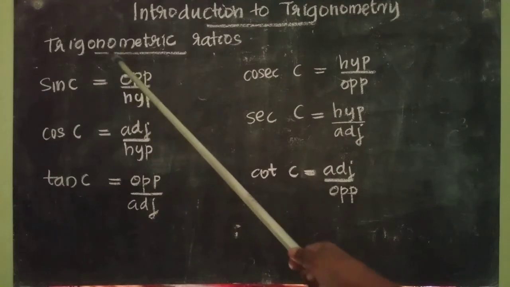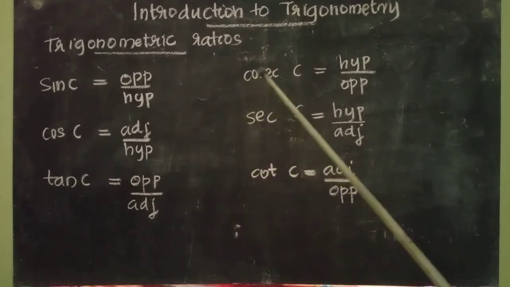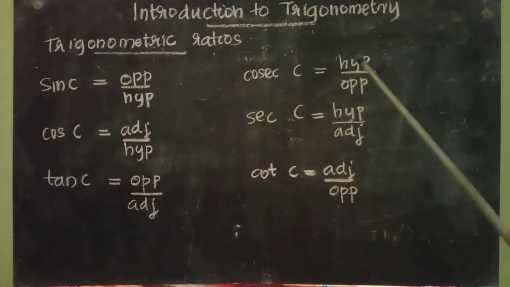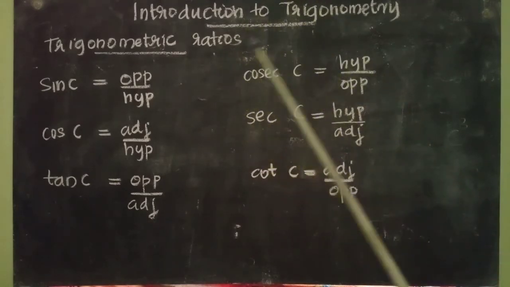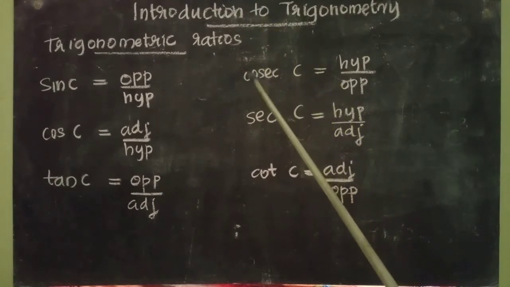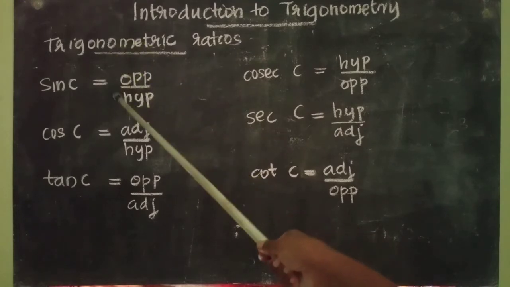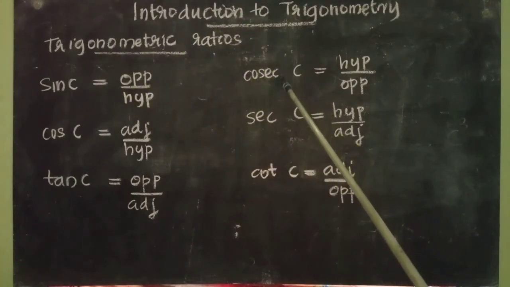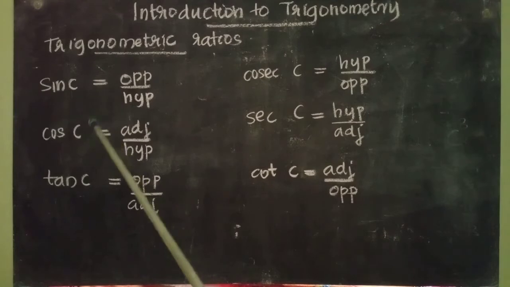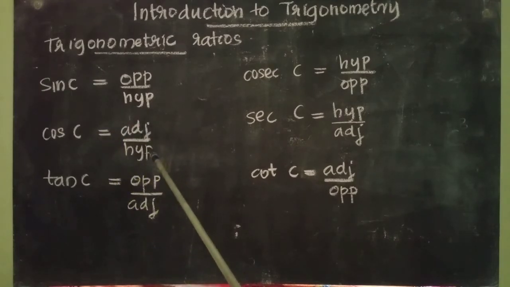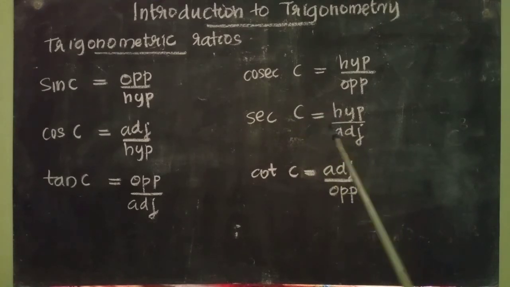Now you see sin C equal to opposite side by hypotenuse and cosec C equal to hypotenuse by opposite side. So we can say cosec C is the reciprocal of sin C, or sin C is the reciprocal of cosec C. Similarly, cos C equal to adjacent by hypotenuse, sec C equal to hypotenuse by adjacent.